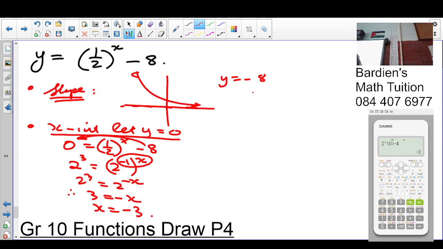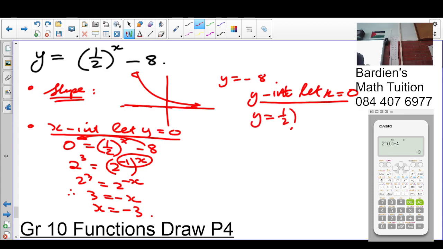What do you work out here after? Y-intercept. What do you do for y-intercept? With x equal to 0. So you say y is equal to (1/2)^0 minus 8, which is negative 7. People, now this is enough information to draw this graph.